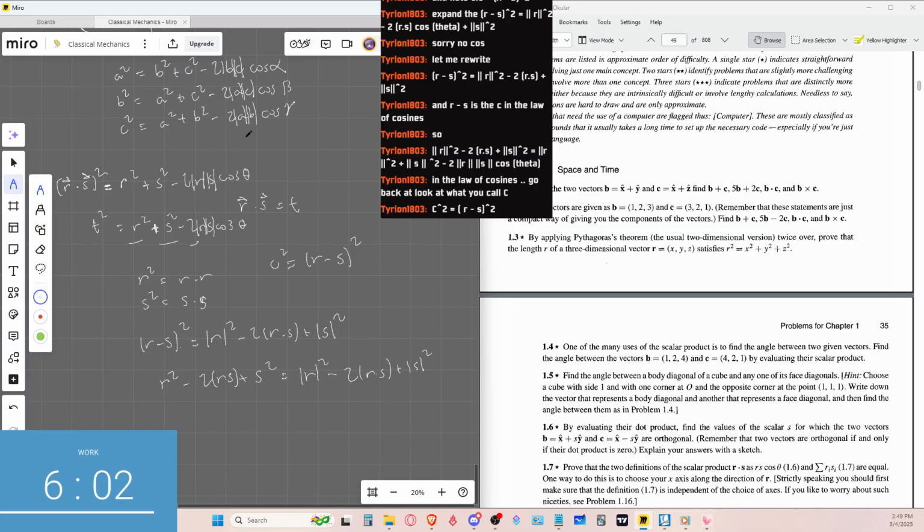So then basically, so this side should be, if I understand it, S squared minus 2r cosine theta.